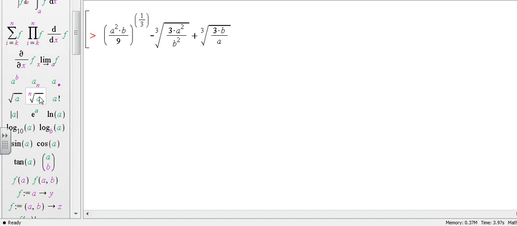And then I've got minus, way to go, minus cube root of 24 times a to the 5th.